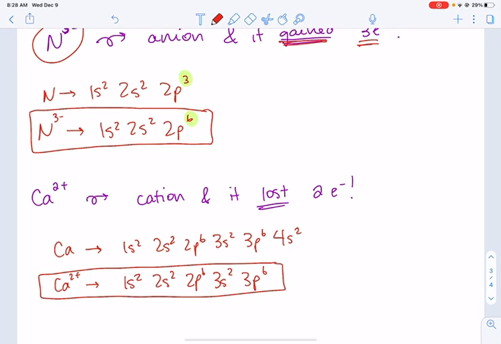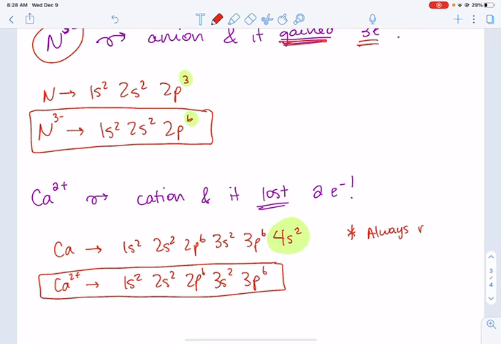3p6. If you're thinking, well, how do you know which electrons to take out? You always take out your valence electrons. So start at the very top, the highest electrons, or the electrons on the highest principal energy level, and remove those.